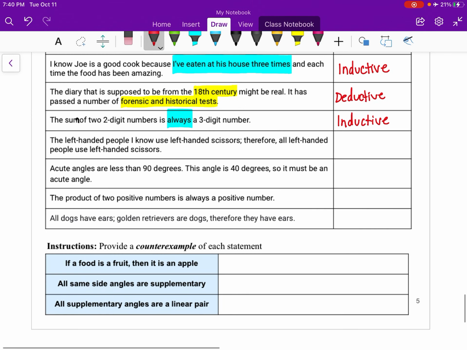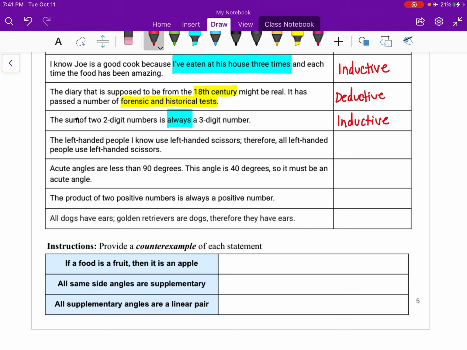So what we're going to do is look at the three statements below here, and we're going to provide a counterexample for each. We're going to find an instance where the statement that's been given is not true. So let's look at the first sentence. The first sentence says, if a food is a fruit, then it is an apple. Can you think of a fruit that is not an apple?